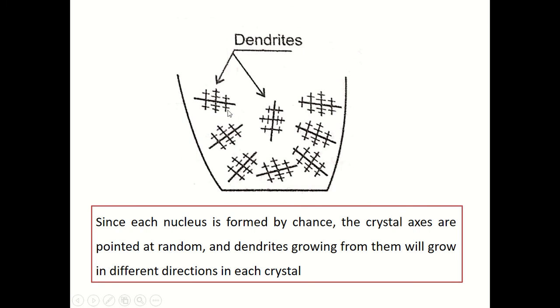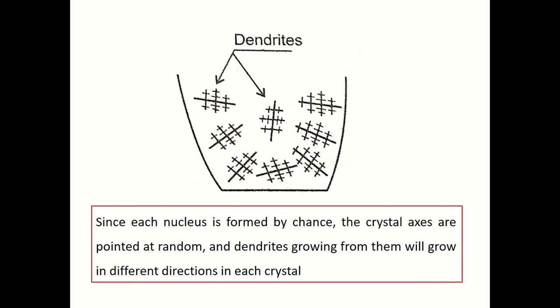For example, in this dendrite there is a primary axis, these are the secondary axes, and maybe this small one is the tertiary axis. So from the primary arms, the secondary, tertiary, etc. arms begin to sprout. Why I say sprout is that it's somewhat similar to the branches and twigs growing out of the trunk of a tree. You know the tree with different branches and sub branches, isn't it?